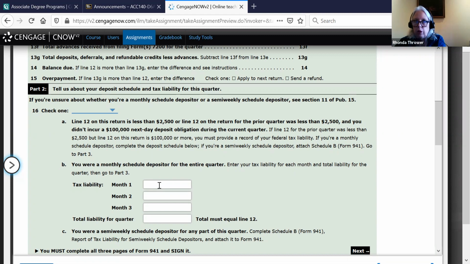So we're going to choose B here. So right here where it says 16, you got to choose which one you are. You're B. We were not a semi-weekly scheduled depositor because we would have to have more than 100,000 in accumulated taxes to be able to use part C. So we're using part B, and they want you to fill out the monthly tax liability.